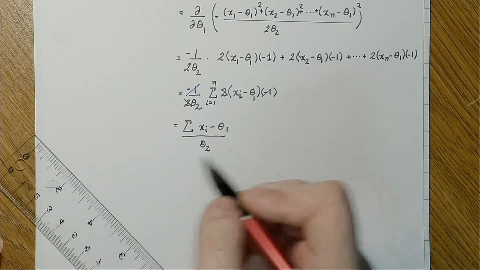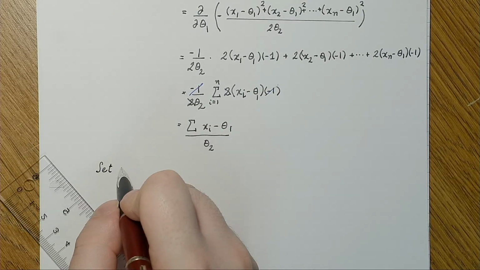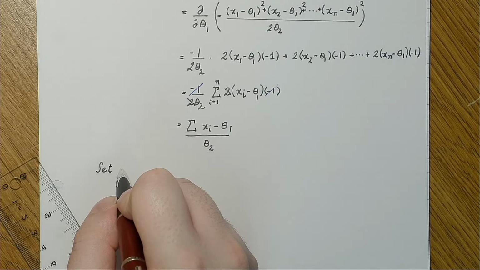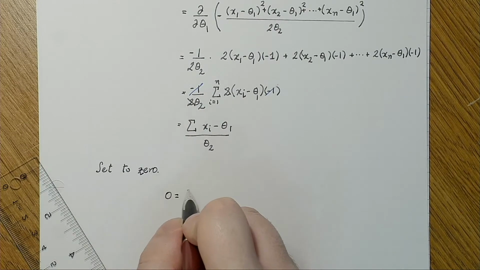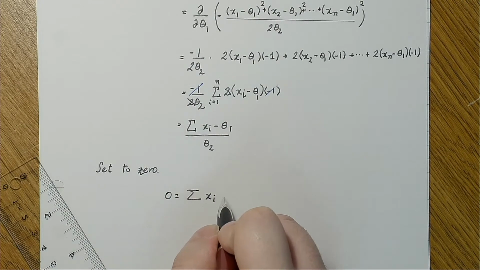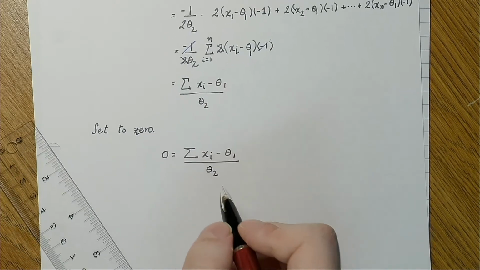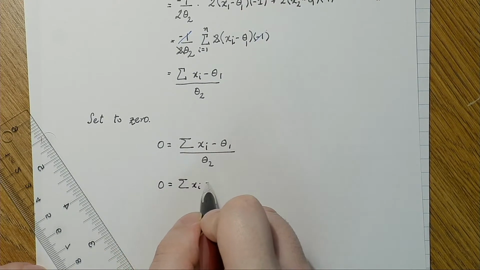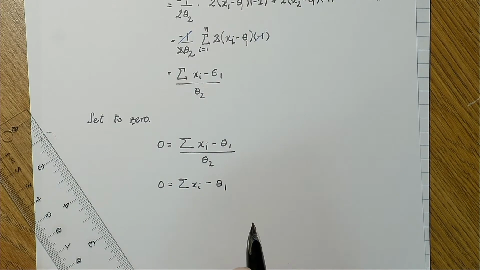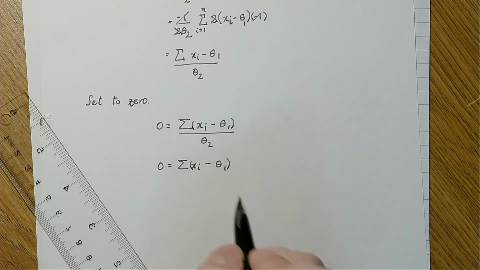Then what I can do is set this equal to 0. I can get rid of the theta 2, so I'm left with this.